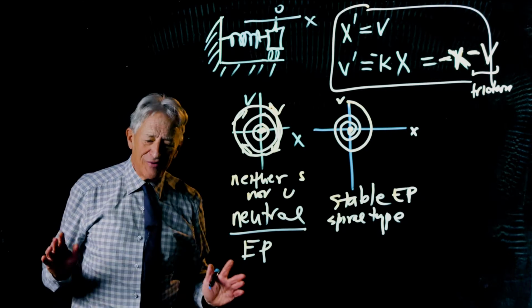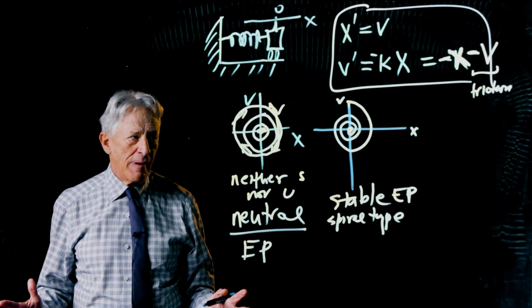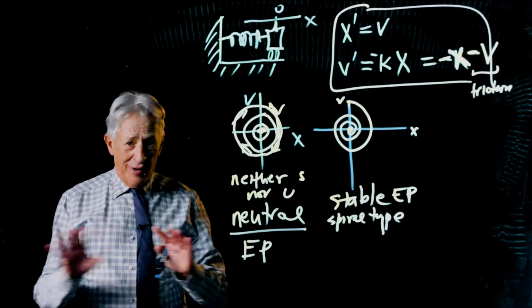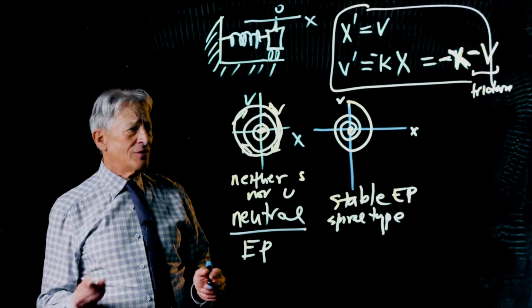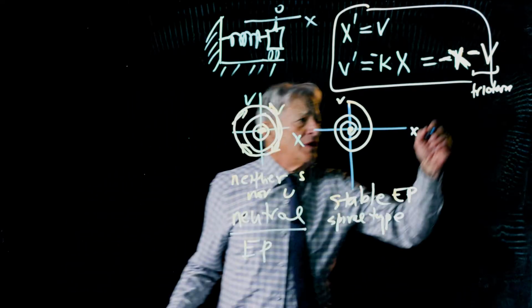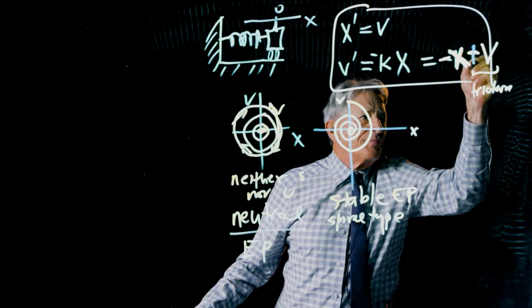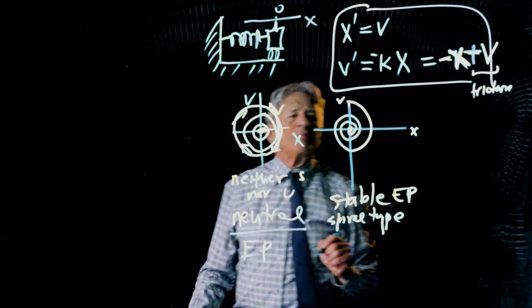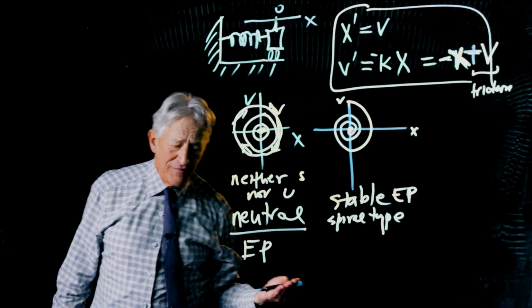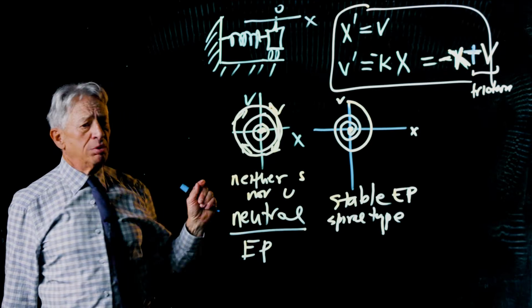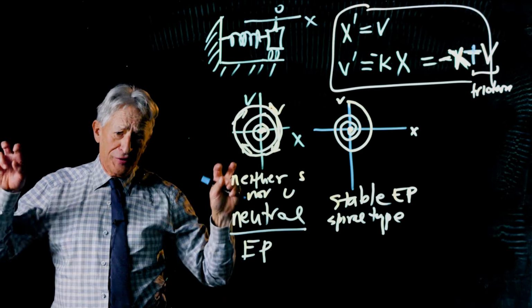We said, what the heck is negative friction? Well, whatever it is, I'll tell you what it looks like in the differential equation. It looks like this. Instead of minus v for the friction term, we have plus v for the negative friction term.